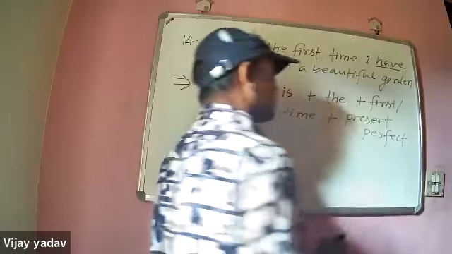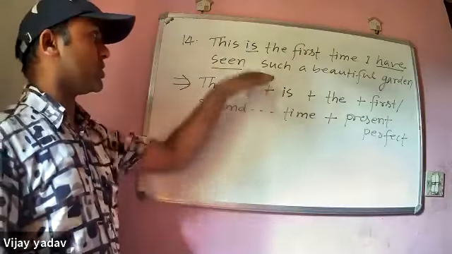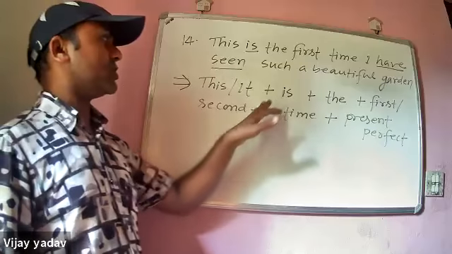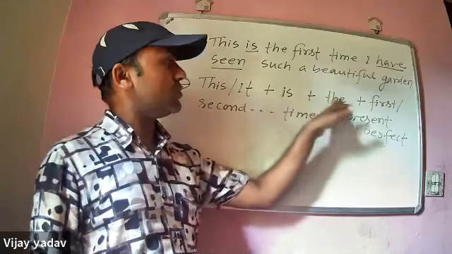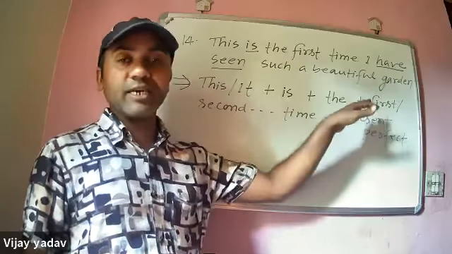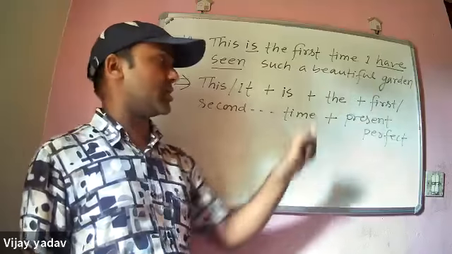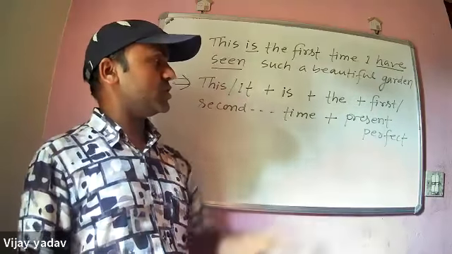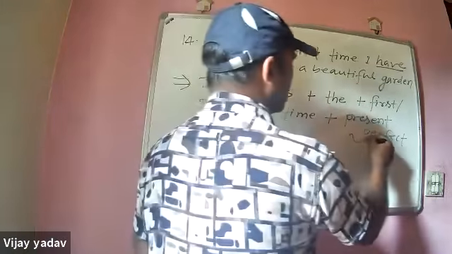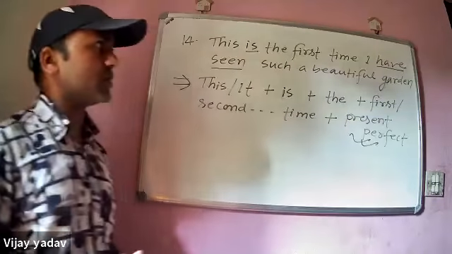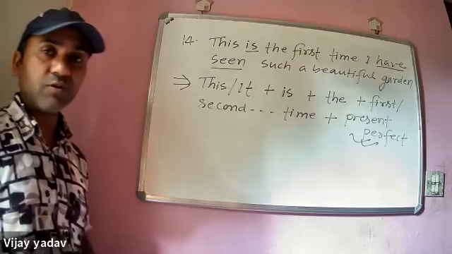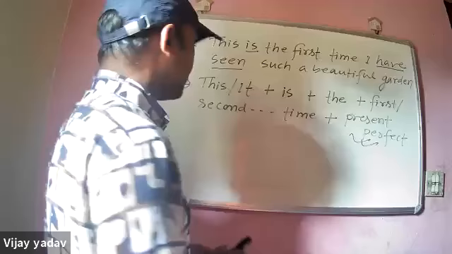This is the structure. We follow this structure. These are it. Then we use each, then the, then first time, second time, third time, fourth time, etc. After this, we use present perfect tense. So this is the first time I have seen such a beautiful garden.